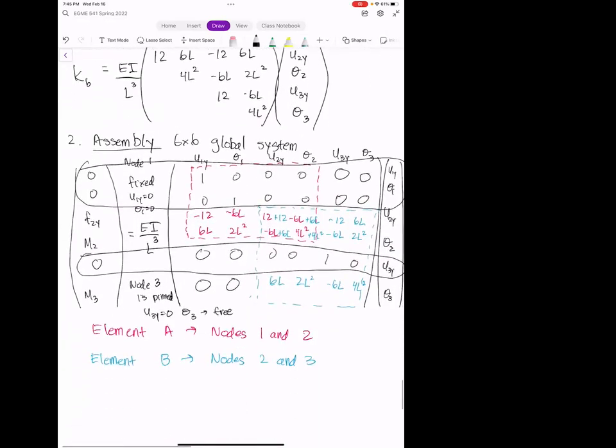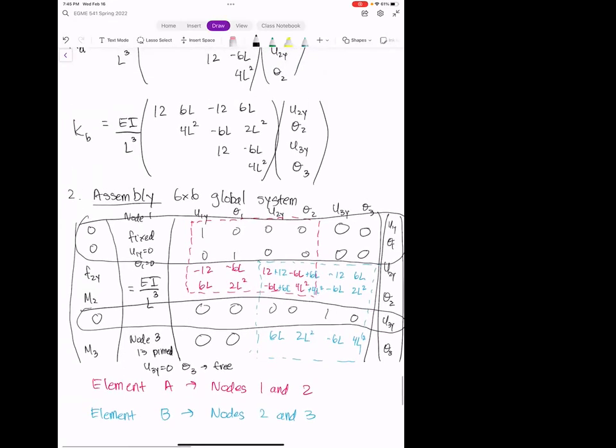That tells us that F2y is equal to minus P, and M2 is going to equal big M, which is the moment that we're applying on this problem from the problem statement.